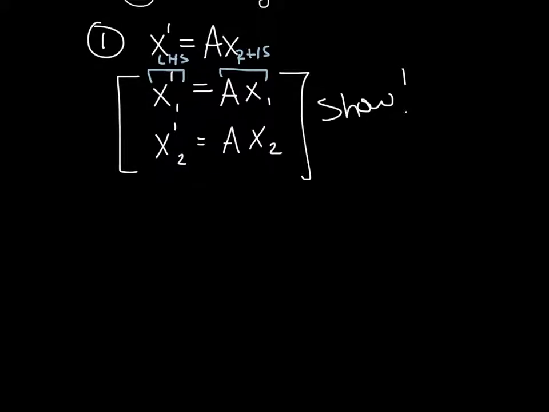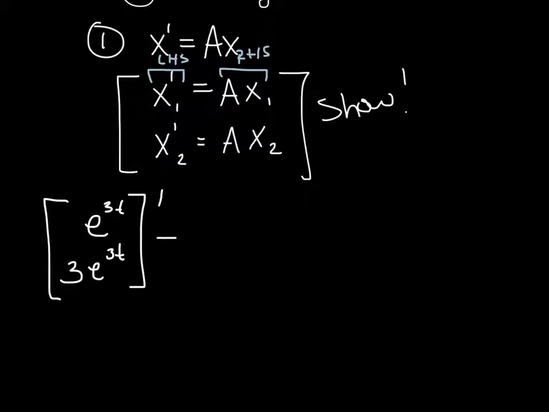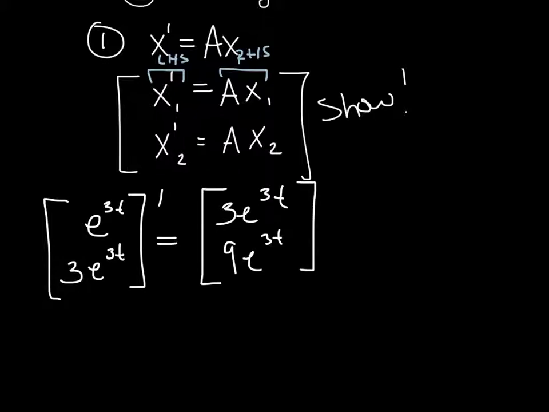My x1 is e to the 3t, 3e to the 3t. That's what's given, and I'm going to take the derivative of it. This is really nice, the derivative of this matrix is just the derivative of the entries. So this is 3e to the 3t, and by the chain rule, 9e to the 3t. That is my left-hand side.